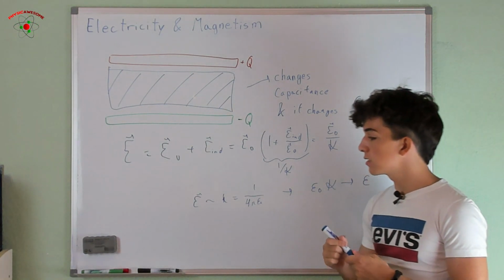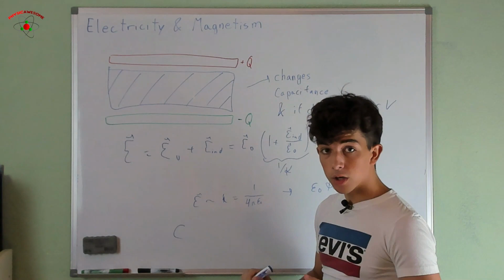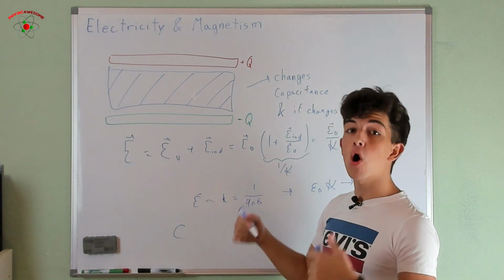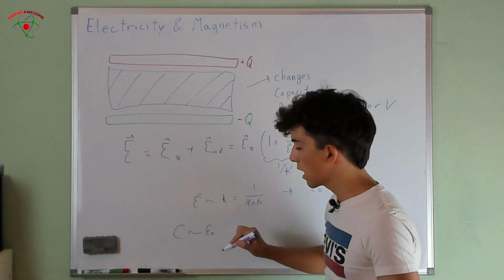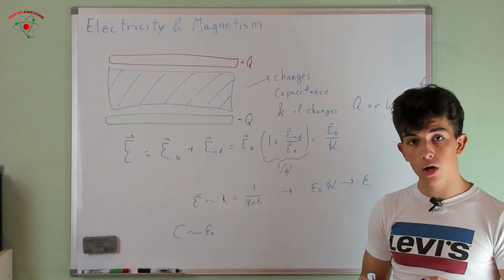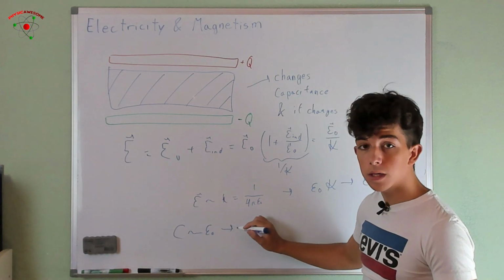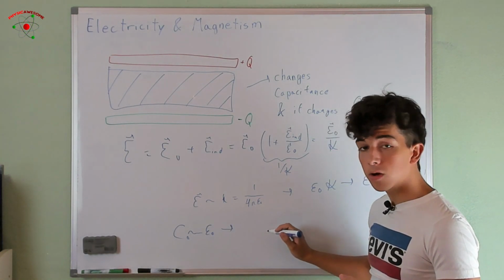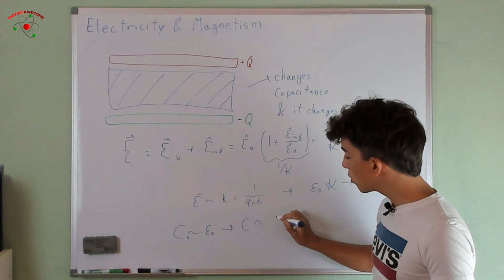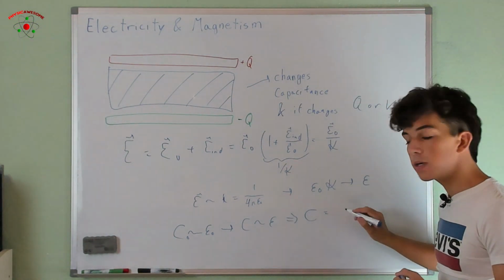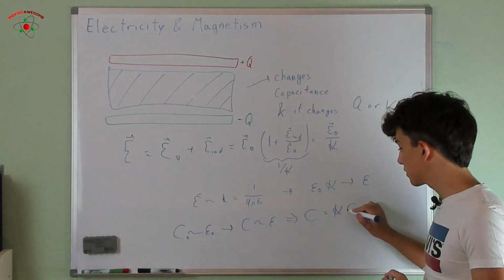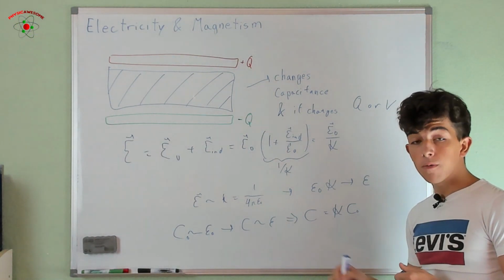This causes that our C, which we have found almost every time we have expressed as a multiple of epsilon naught, this is going to be C naught, is now going to be a multiple of epsilon, and therefore C is going to be kappa times C naught.